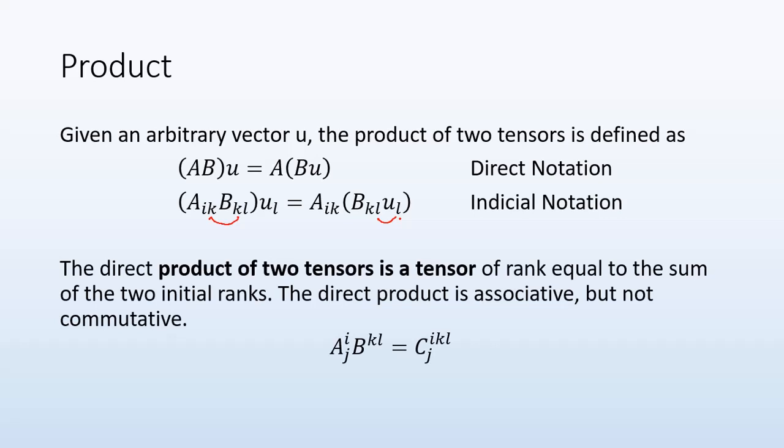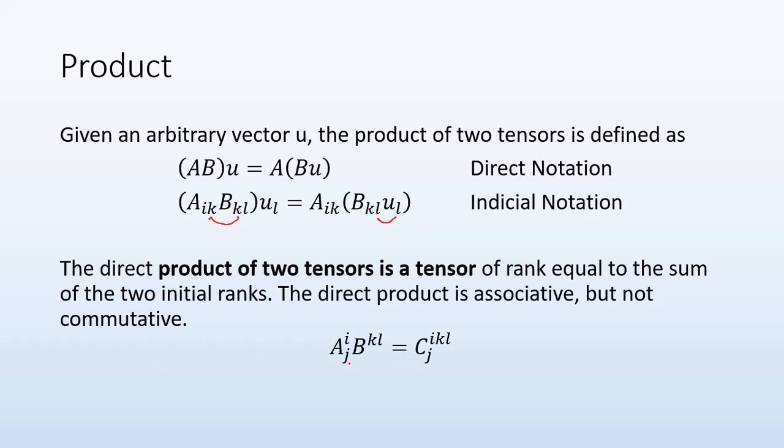The direct product of two tensors is a tensor of rank equal to the sum of the two initial ranks. That is, if you are taking the direct product of two rank 2 tensors, then the direct product will result in a rank 4 tensor.